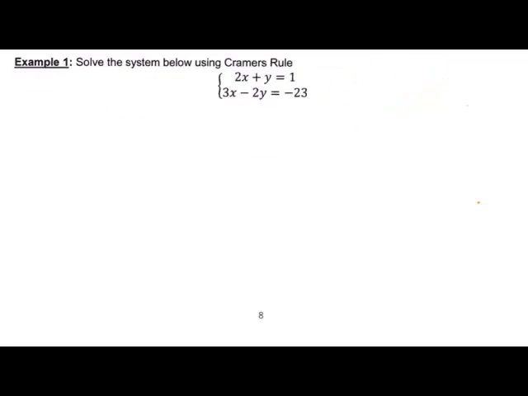For example, when we're solving the system using Cramer's rule, the first thing we need to find is the determinant of A. So we first need to set up our coefficient matrix. Our x coefficients are 2 and 3. Our y coefficients are 1 and -2.